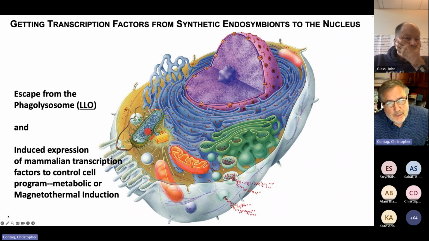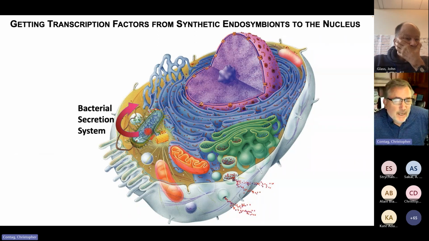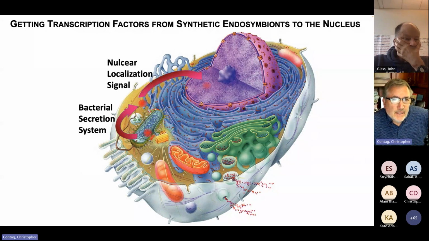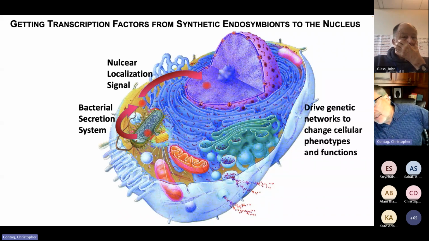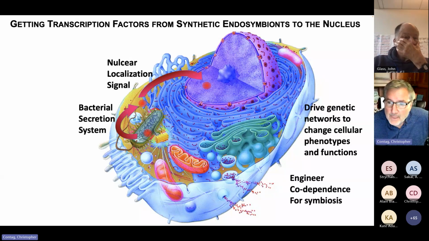We then would engineer the bacteria to make a protein that would be secreted from the bacteria into the cytoplasm, and with nuclear localization signals get that into the nucleus, with the idea that if we encoded eukaryotic transcription factors in this engineered endosymbiont, we could get them to interact with pathways in the cell and have the cell change its physiology in a direction desirable for therapeutics or just for interesting directions of cell biology.